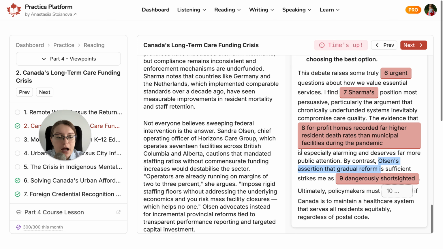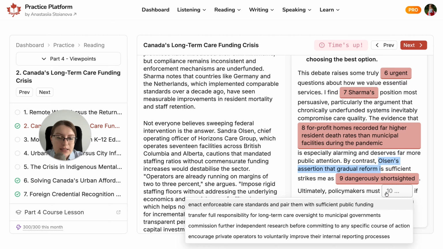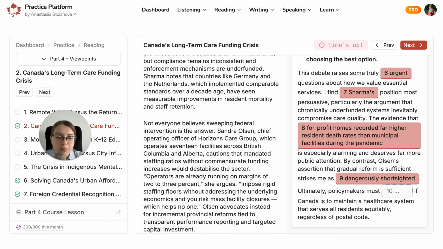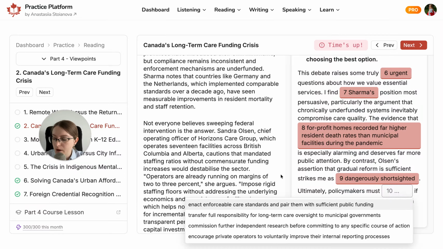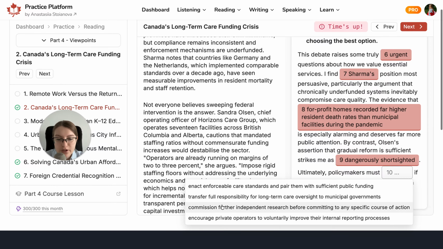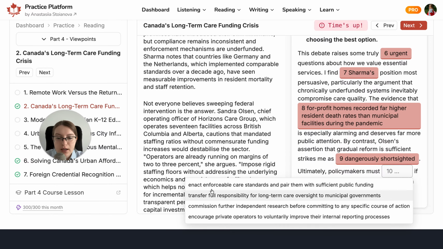We're almost done, guys. We have the last question. Great. And let's take a look at it. Ultimately, policymakers must, if Canada is to maintain a healthcare system that serves all residents equitably, regardless of postal code, what must they do? We have: enact enforceable care standards and pair them with sufficient public funding.